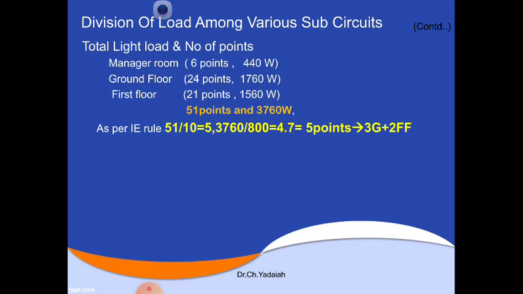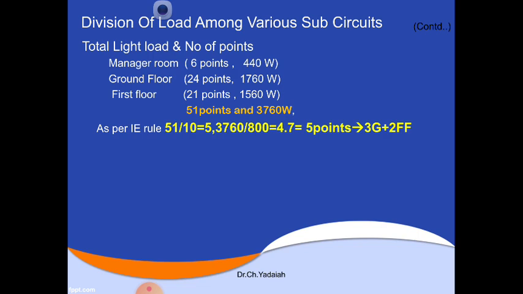As per the IE rule, 51 by 10 is equal to 5.1. We neglect the 1 point, so we assume 5. 51 by 10 is equal to 5, that means 5 subcircuits. Or 3760 total wattage by 800 watts is equal to 4.7, which is nearly 5.